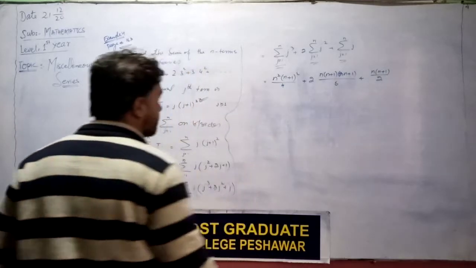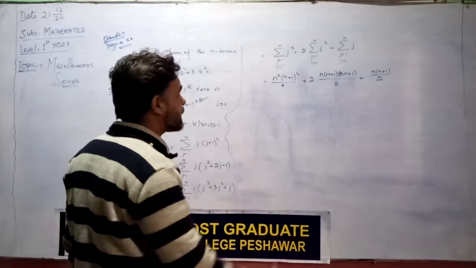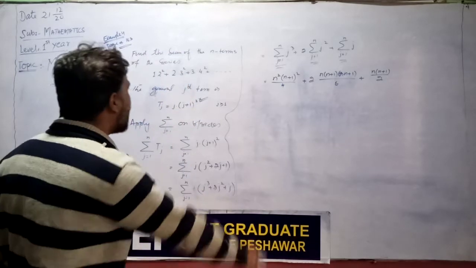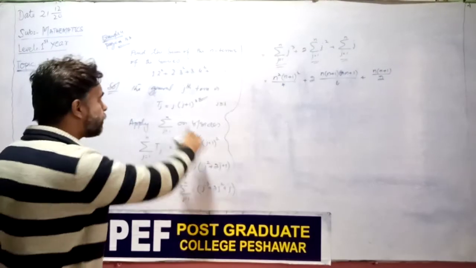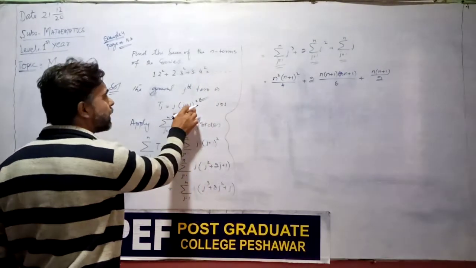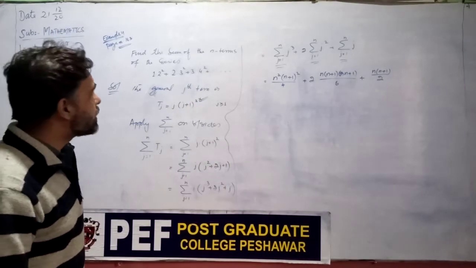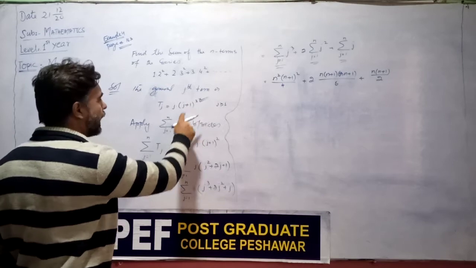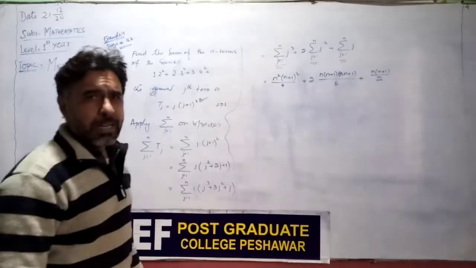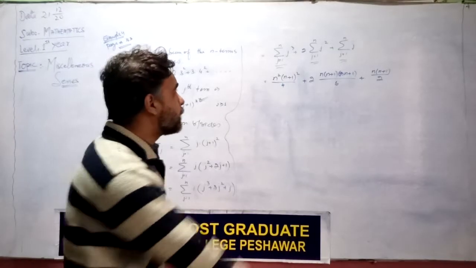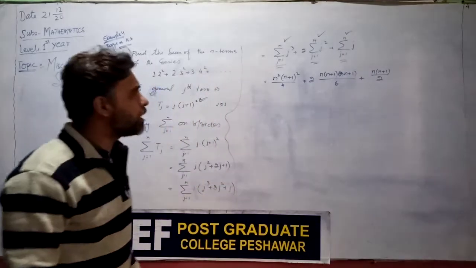So, dear students, you have noticed how the n terms of this miscellaneous series can be added. We first need the general term that generates the terms of this series, and then I took the summation on both sides and simplified, and we deduced that we need these 3 basic formulas that we have already calculated.